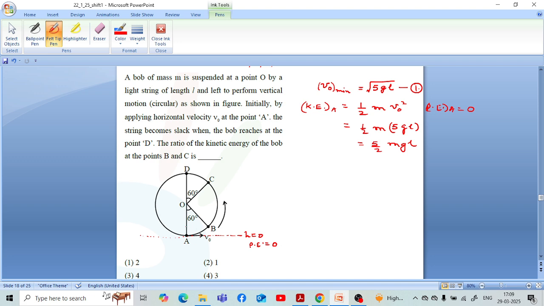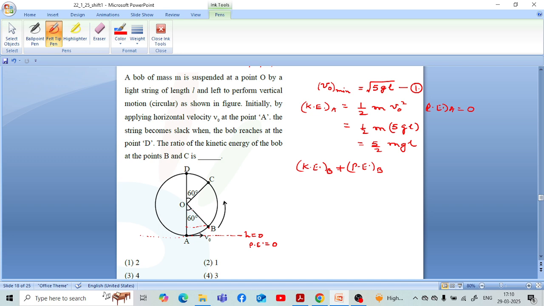Now to find the total mechanical energy at point B, we can write kinetic energy at B plus potential energy at point B. The potential energy at point B can be easily calculated by trigonometry.